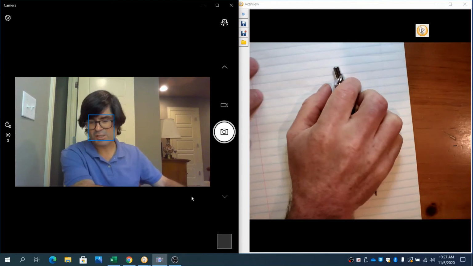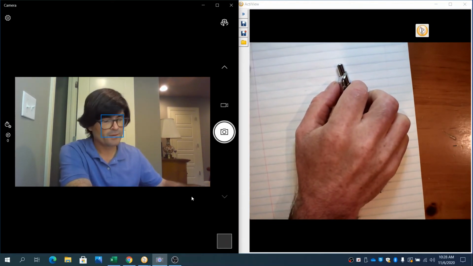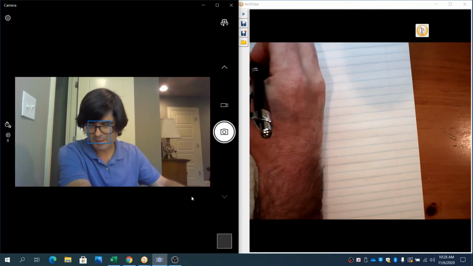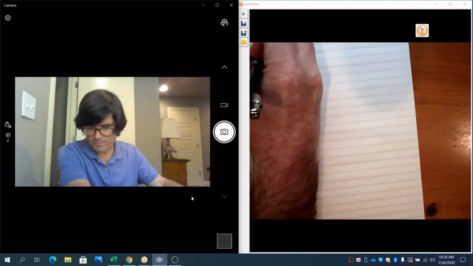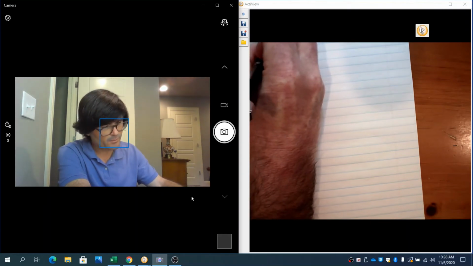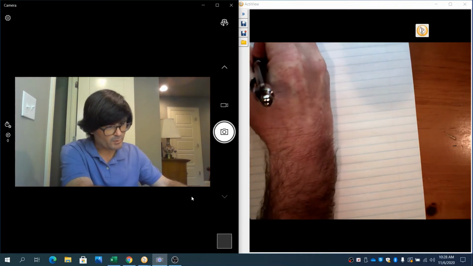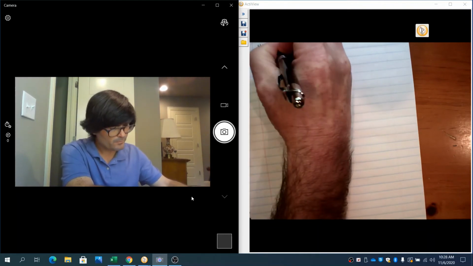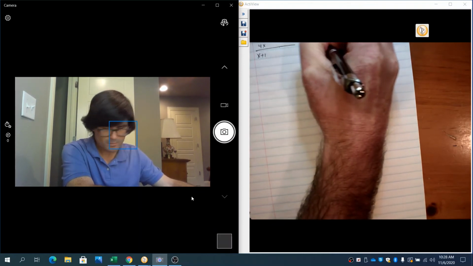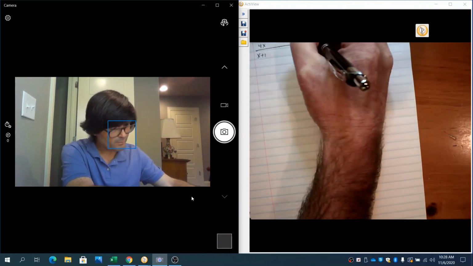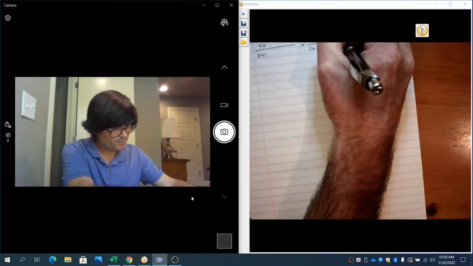Let's look at a situation where you have 3 terms that you need to add together. The same principles apply, but it may just be a little bit longer. Okay, I'm going to do 4x over x plus 1, and then we'll do plus 5 over 2x minus 3.